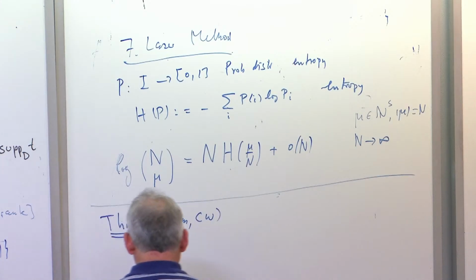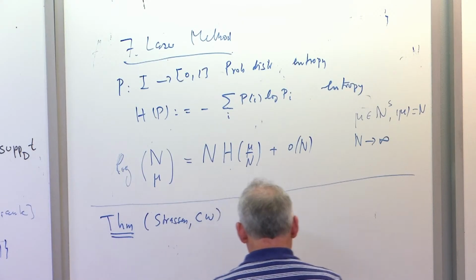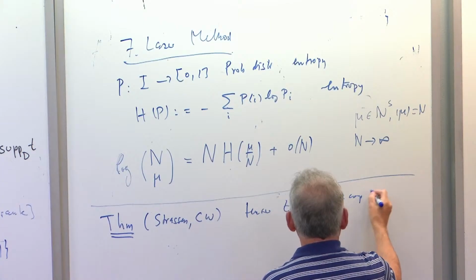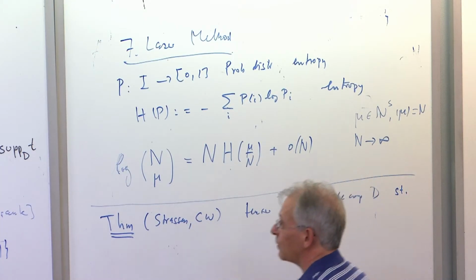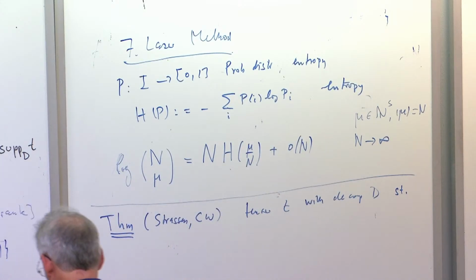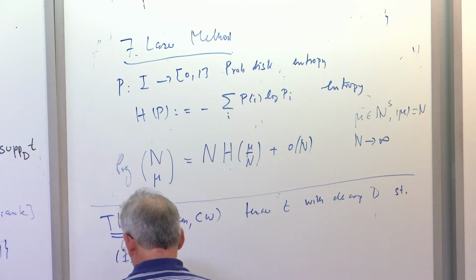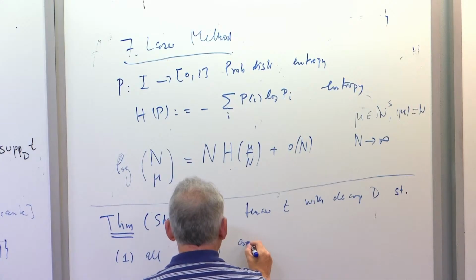So, I have a tensor T with decomposition D, such that, these conditions will reappear. First, all the components are matrix tensors.